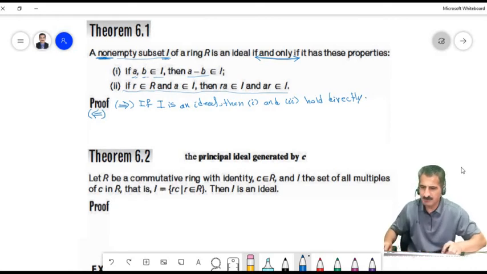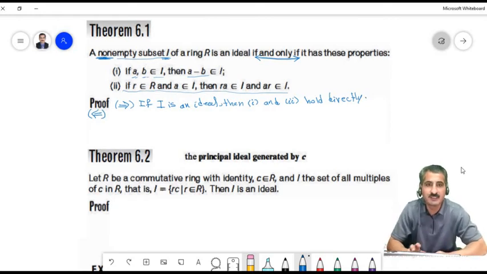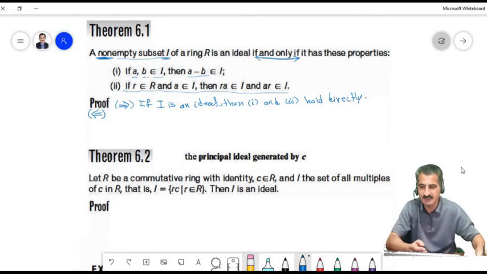Okay. Now to prove the opposite, we will show that if these two axioms are satisfied, then we have an ideal. Okay, but go back to the definition of the ideal. It says it is a subring and satisfies the absorption property. So we need to prove these two things. It is a subring and it satisfies the absorption property. But we have in hand the absorption property given in 2.